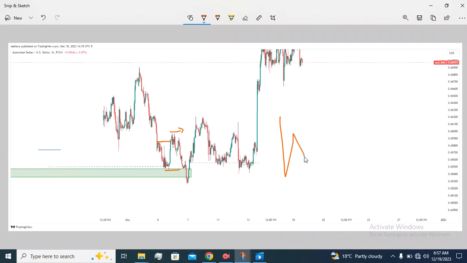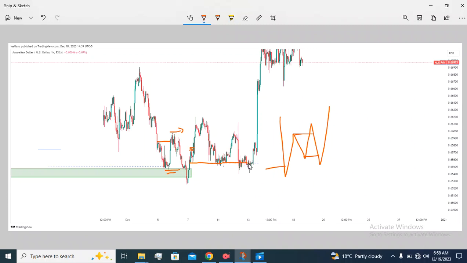You don't have to repeat drawing it over and over again, but it's fine. So there was a sweep of liquidity, which is right there. First break of structure, which is right there. Then at its lower low here, this is where you set your buy order.